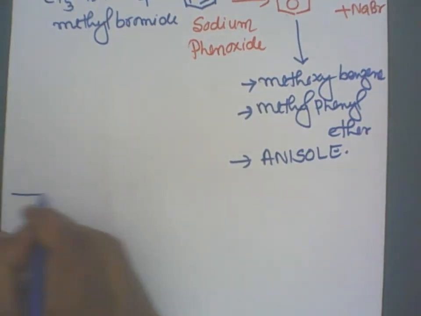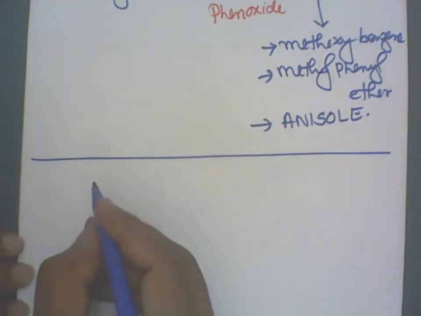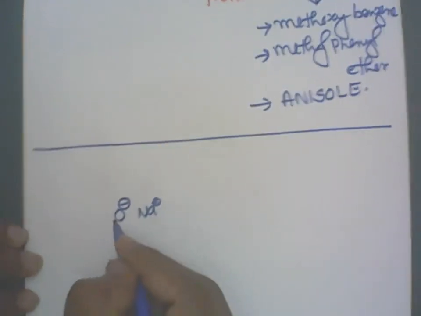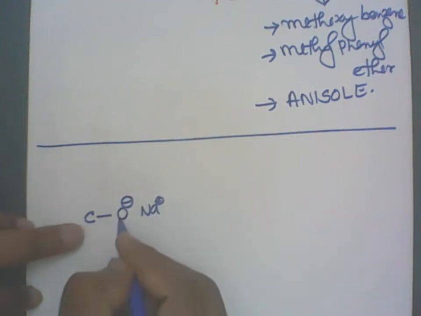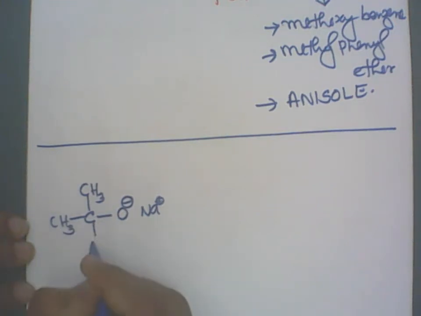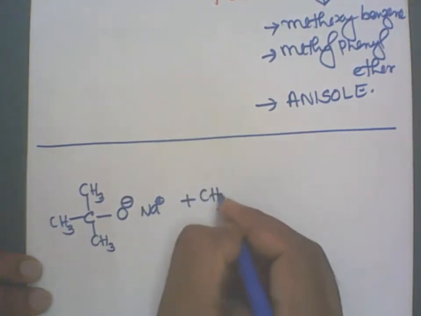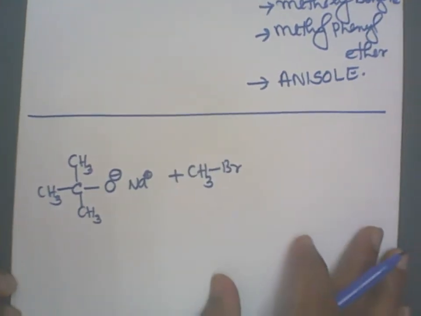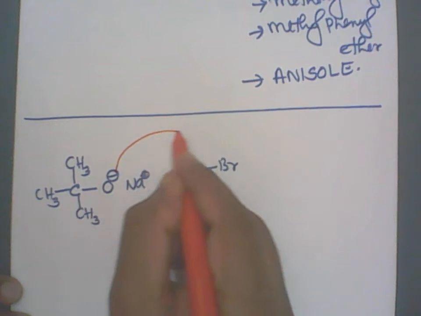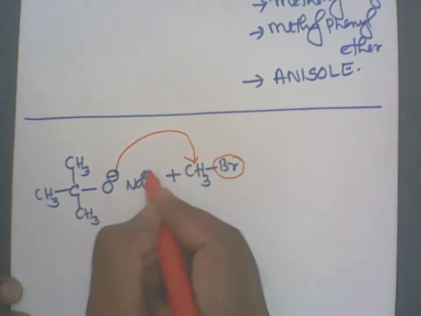Now, let me take some more examples. Let me take sodium salt of tertiary butoxide: the alcohol group attached to a carbon atom which is attached directly to three more carbon atoms. This is the tertiary butyl group. So sodium tertiary butoxide reacts with methyl bromide, taking methyl bromide as the alkyl halide. The nucleophile O minus attacks the carbon atom containing the halogen, and the halogen goes out as sodium bromide.